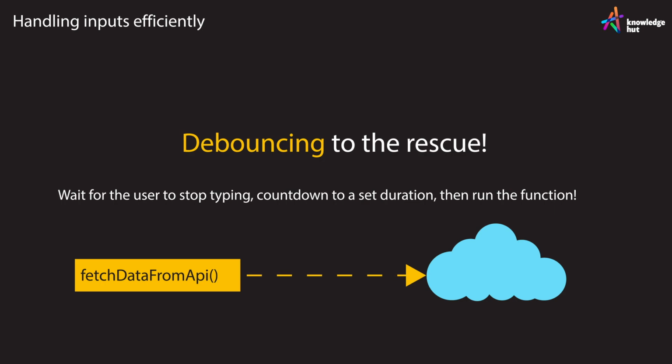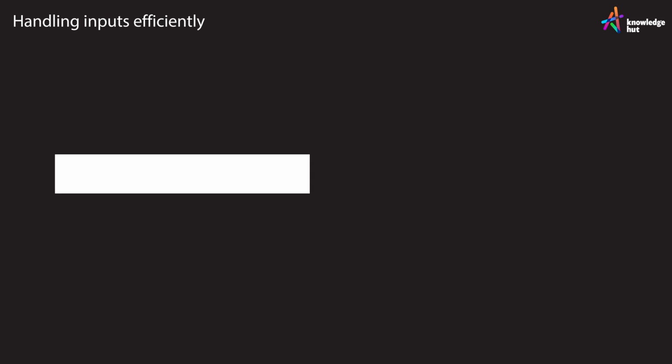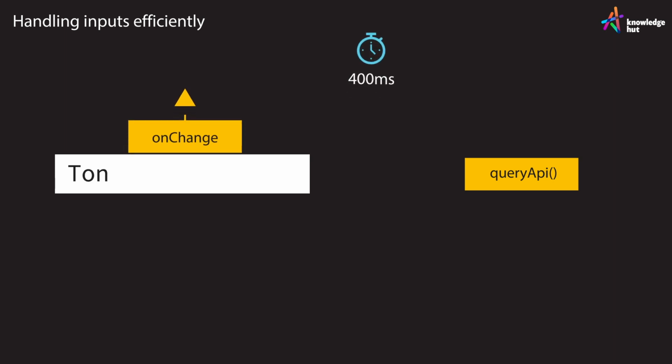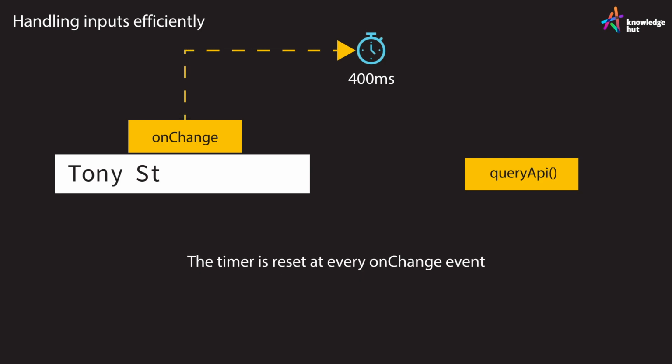Technically speaking, debouncing works by initializing a timer every time an event is received. Let's say we want to delay the function by 400 milliseconds. As the user types in, at every invocation of the onChange event handler function, our timer would be reset and set to count up to 400 milliseconds.